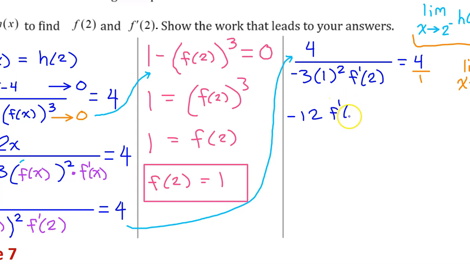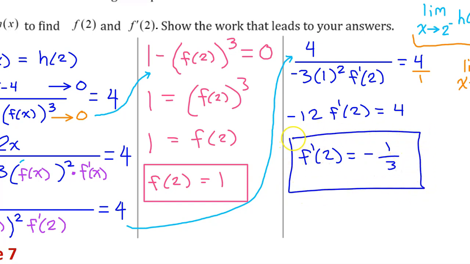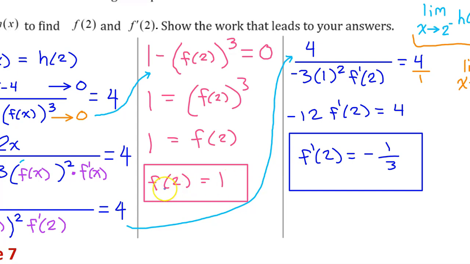So we have negative 12 times f prime at 2 is equal to the other diagonal. 4 times 1 is 4. We can get f prime at 2 by itself by dividing both sides by negative 12. 4 divided by negative 12 is negative 1/3. And that's it. We found f at 2, which equals 1, and f prime at 2, which equals negative 1/3.